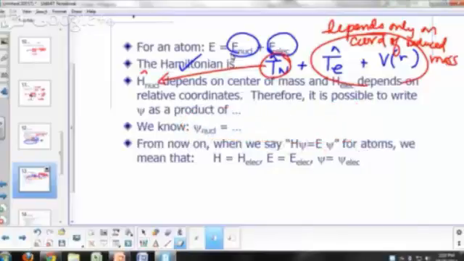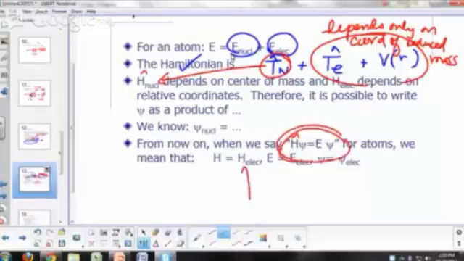when we say H psi equals E psi, keep in mind that this Hamiltonian really refers only to the electrons. We're just going to factor out the center of mass problem from the overall problem for the atoms. And whatever we call the energy of the atom is really just the electronic energy.